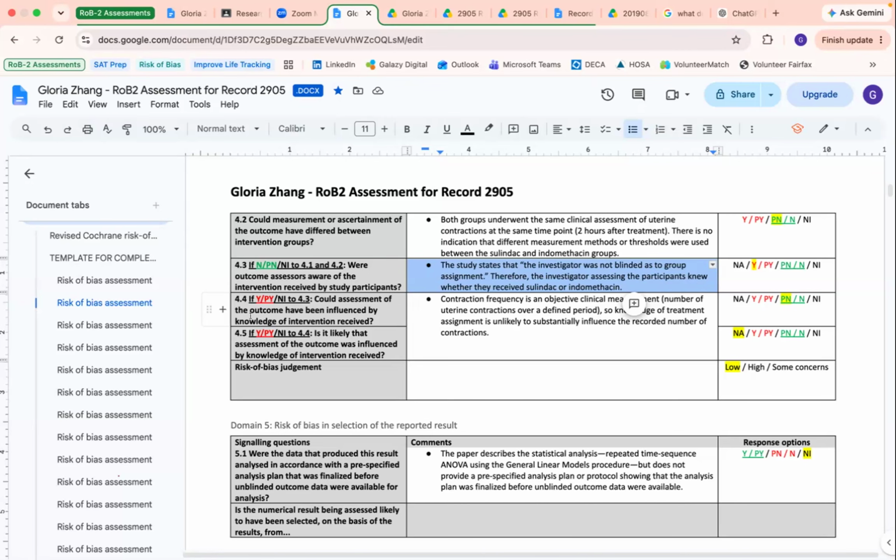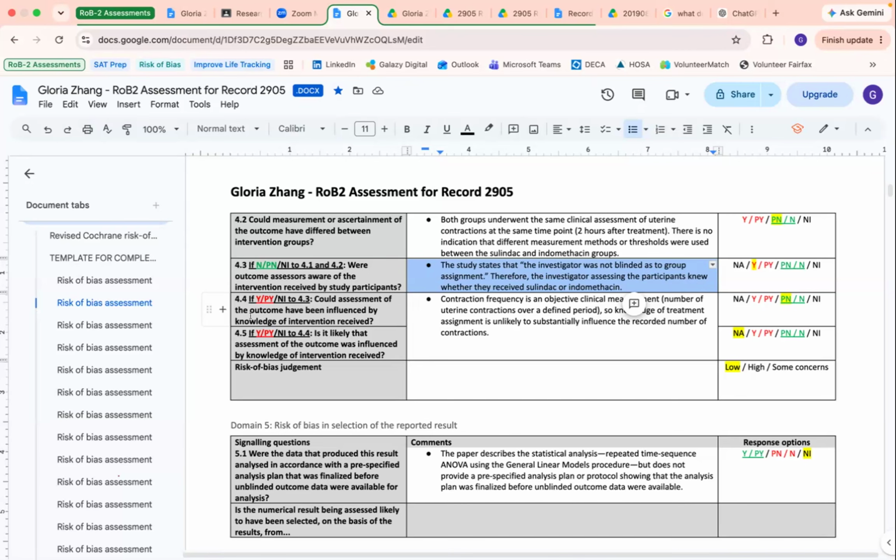For 4.4, since we answered yes to 4.3, we have to answer 4.4. So what did you guys answer for this one? I said no. Yeah, I said probably no. I think since they carry basically the same weight, it's an objective measure.